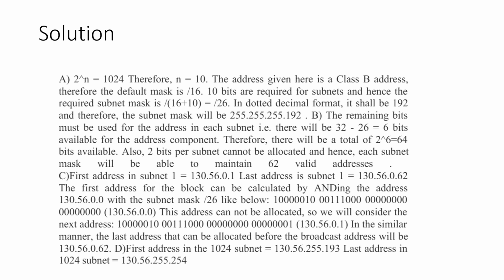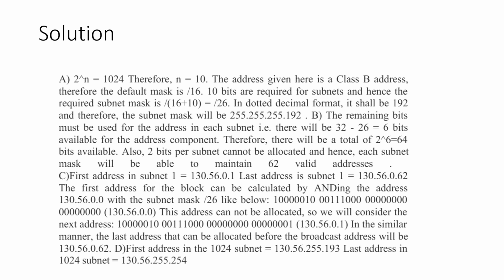So 10 bits are required for the subnets, and hence the required subnet mask is 16 plus 10, that is equal to 26. In dotted decimal format, the subnet mask will be 255.255.255.192. This is the first answer.